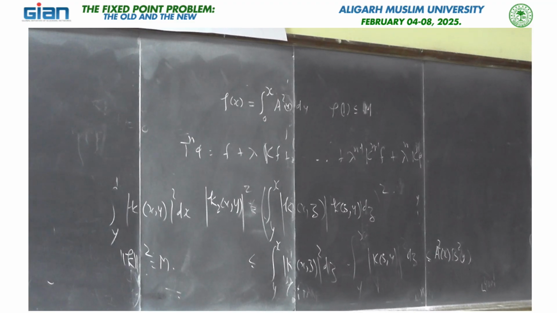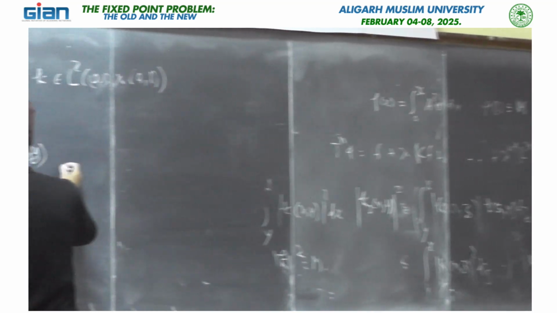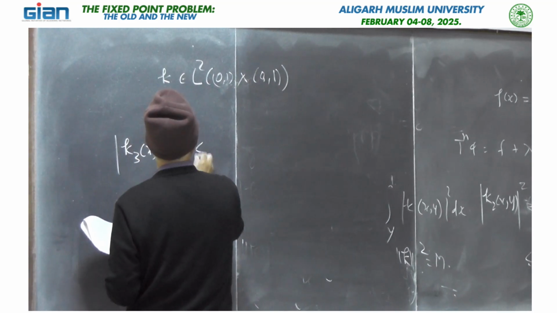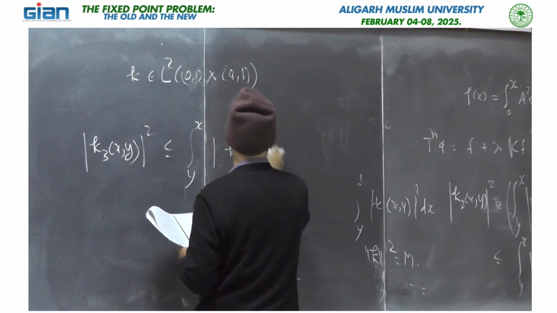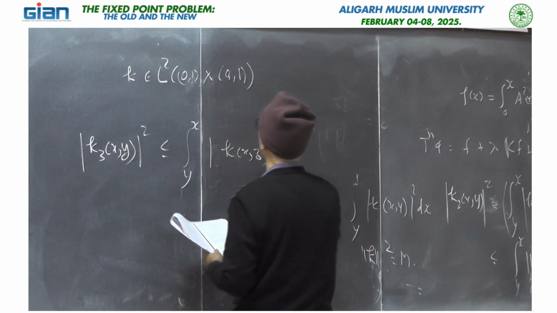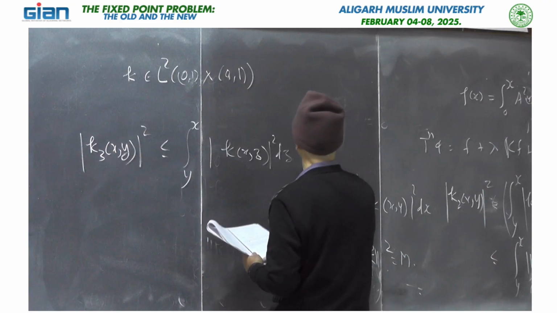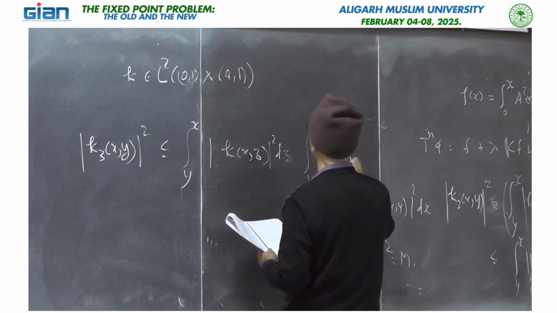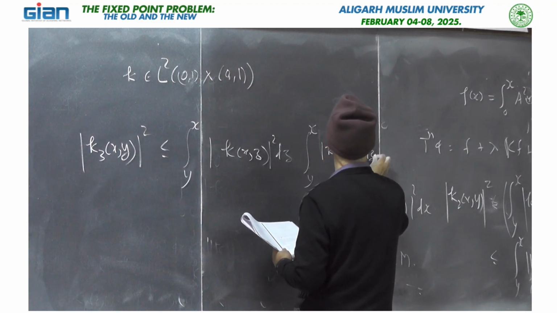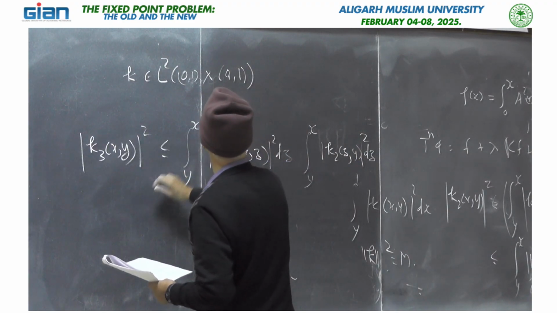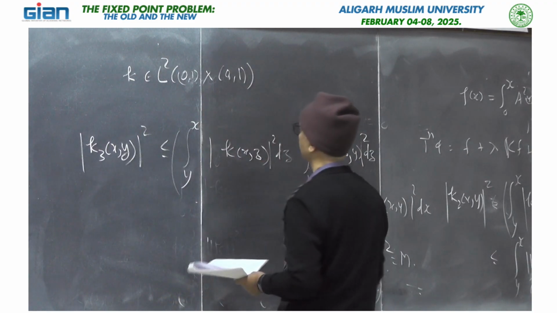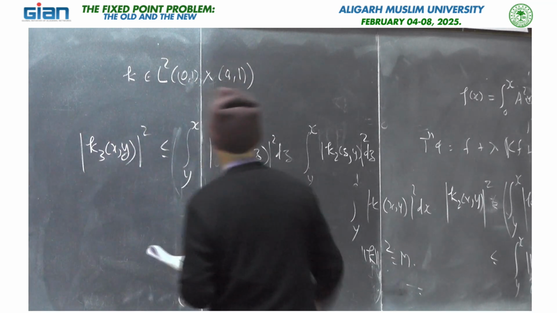So K3(x,y) squared will be less than or equal to the integral from y to x of mod k(x,z) squared dz, times the integral from y to x of mod K2(z,y) squared dz. The square root will disappear.